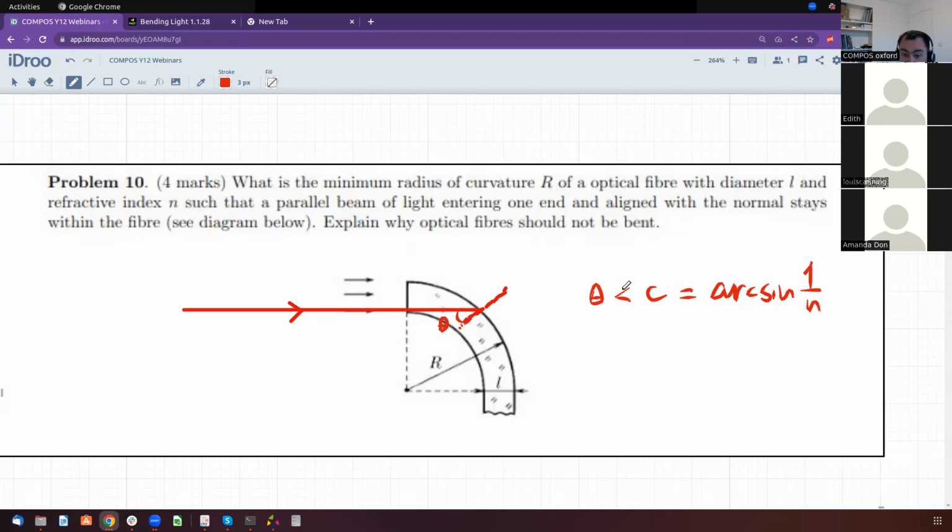And the theta depends on R, of course, because the smaller the radius, the more it is bent, and the bigger the angle is going to be.